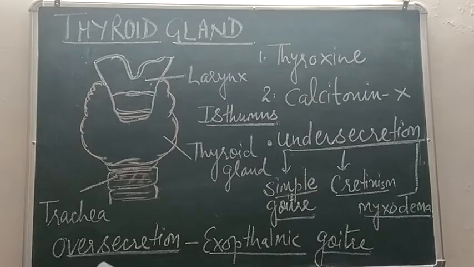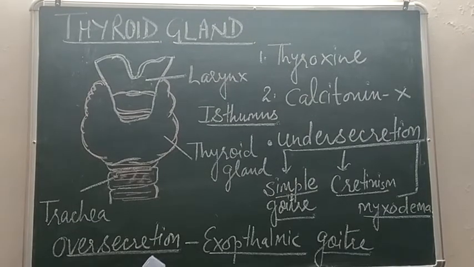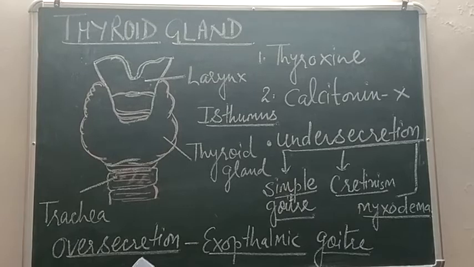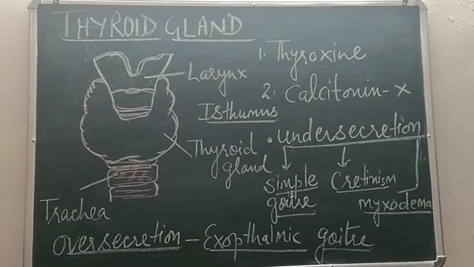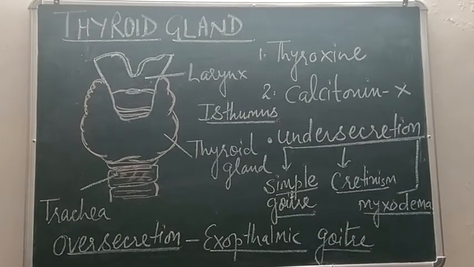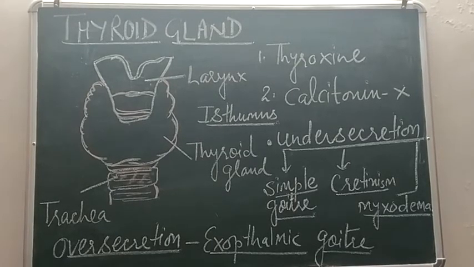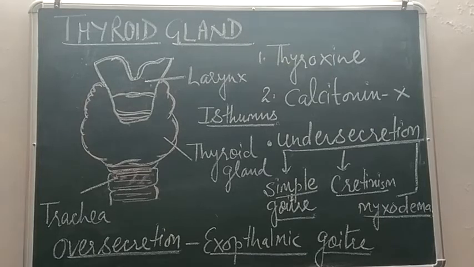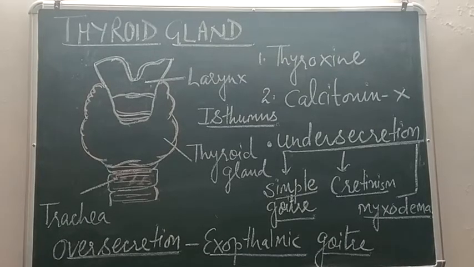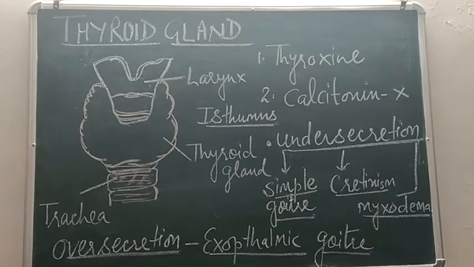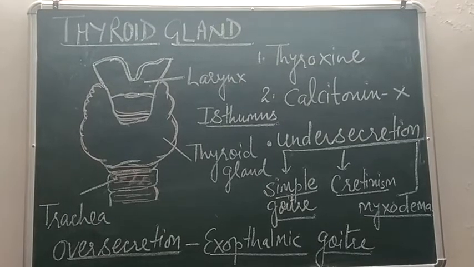Now I am telling you about oversecretion of thyroxine hormone, which is also known as hyperthyroidism. In hyperthyroidism, there is only one problem, exophthalmic goiter. This is due to oversecretion of thyroxine hormone. What happens in this disease?